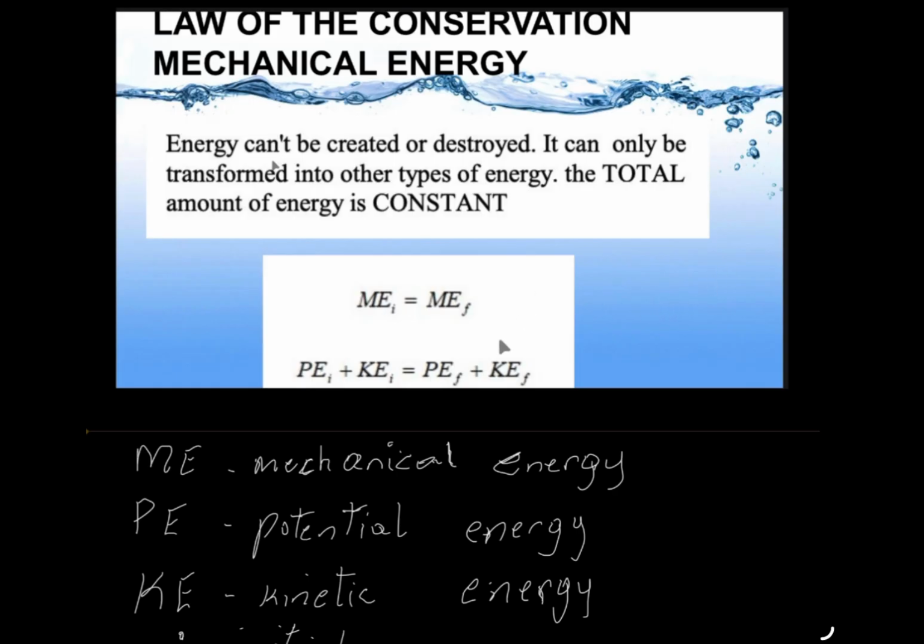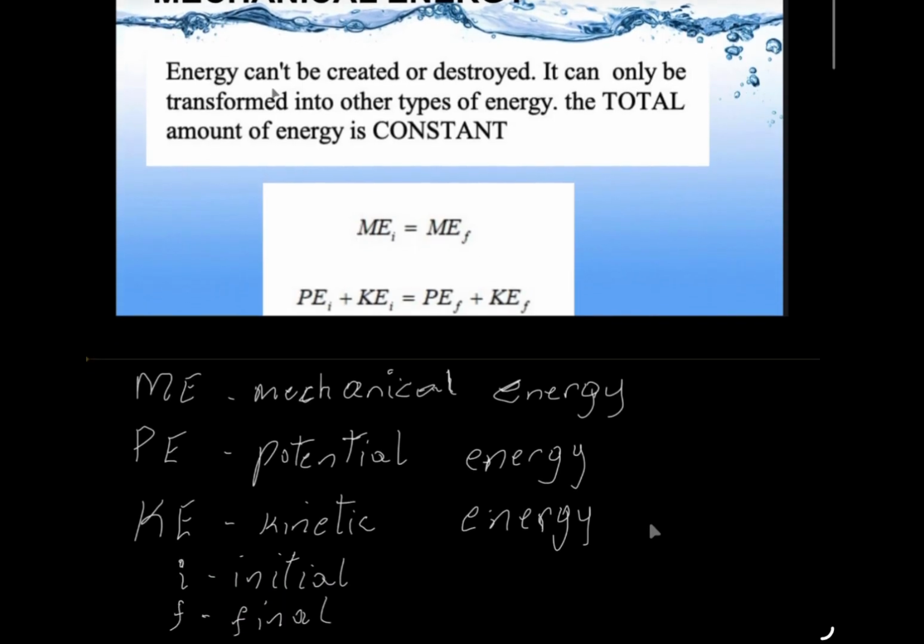Written another way, mechanical energy initial is equal to mechanical energy final, where I represents the initial and F represents final. ME represents mechanical energy. But mechanical energy consists of potential energy, PE, and kinetic energy, KE. So you have to break this into two parts.